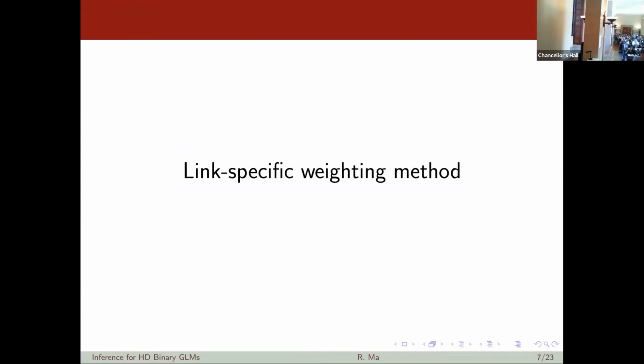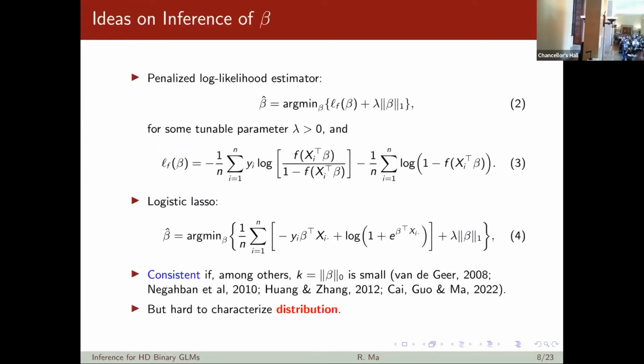The general method that we proposed for these binary GLMs starts with the very well-known penalized log likelihood estimator. In this loss function, Lf is the negative of the log likelihood, which we want to minimize, and the index f highlights its dependence on the link function f.